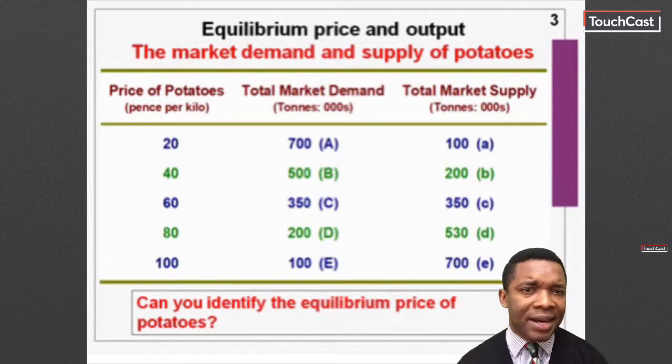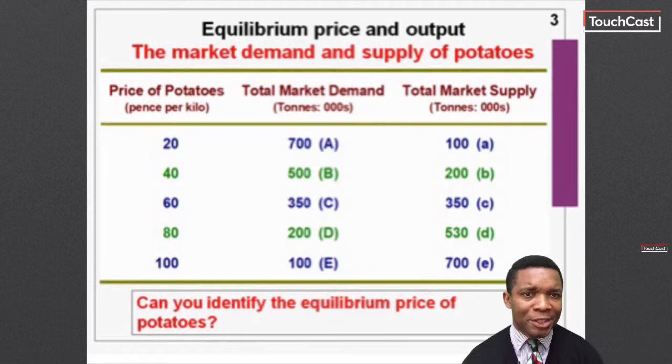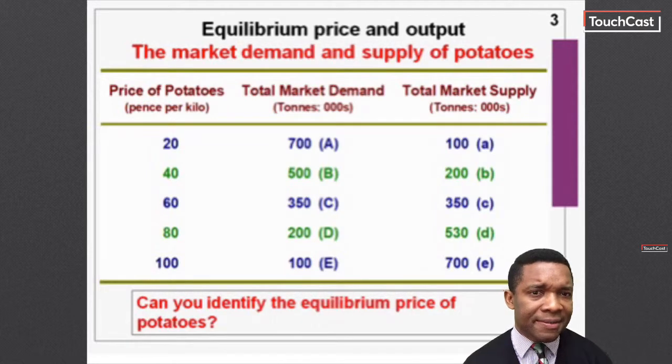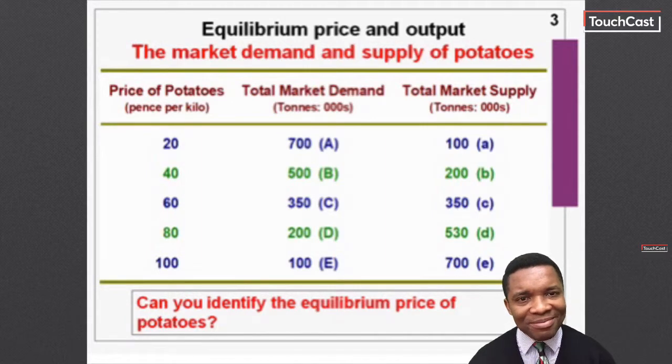It is generally defined as the situation where planned aggregate expenditure is equal to the output of the firms. And in plain terms, equilibrium is defined as the point where demand and supply meet, or where demand and supply are equal. Now, can you tell me which point is the equilibrium point here?